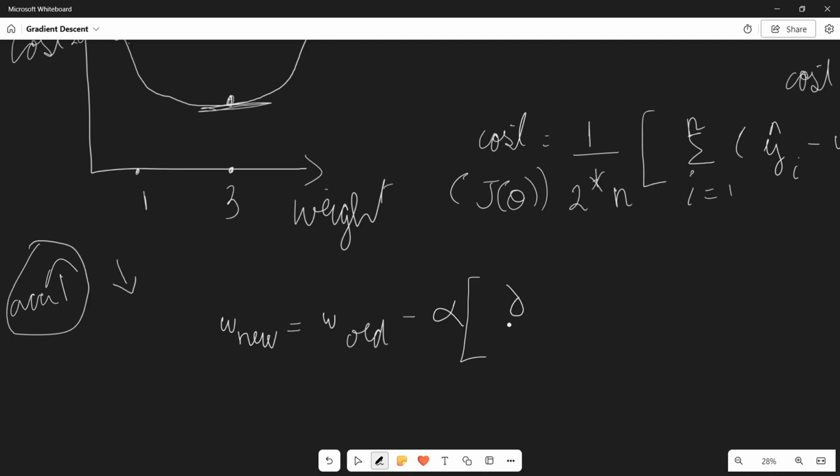Then here comes the partial derivative, dou by dou w of J of theta. We are differentiating the cost function with respect to the weights, and this is multiplied by the learning rate and subtracted from the previous weight, such that our new weight will be produced.